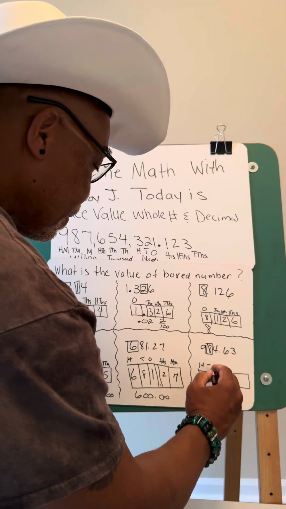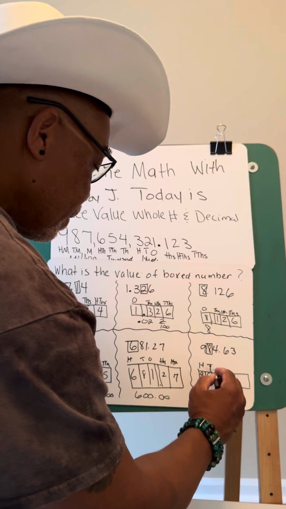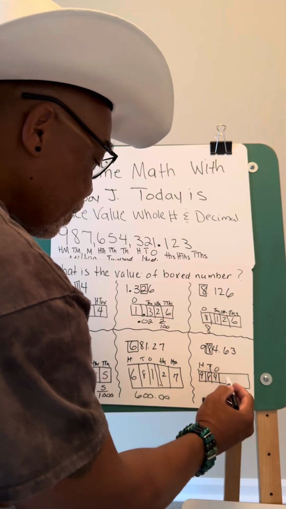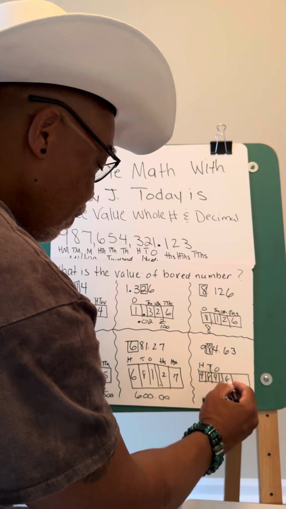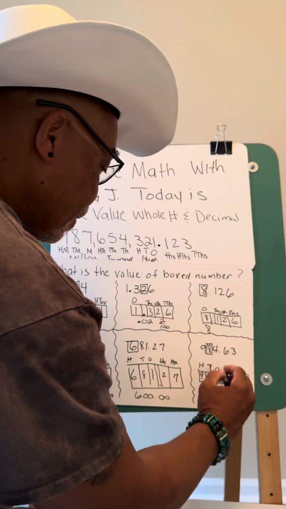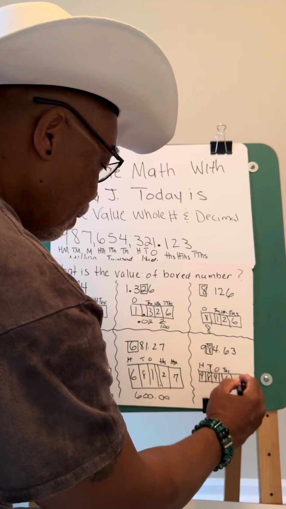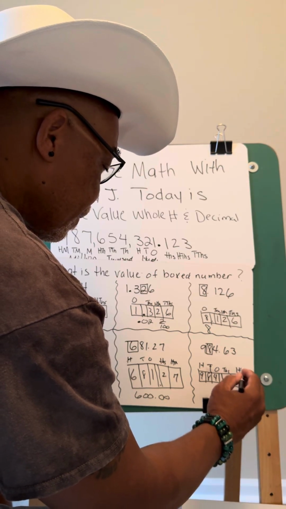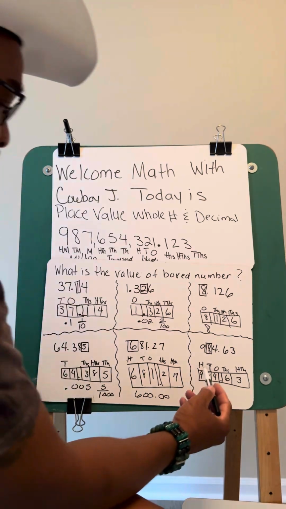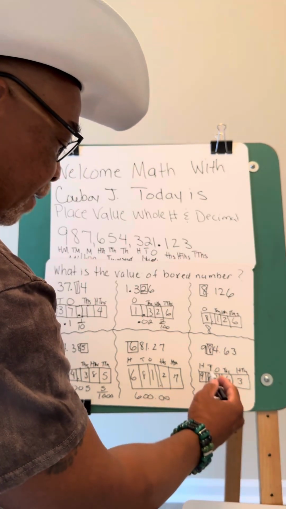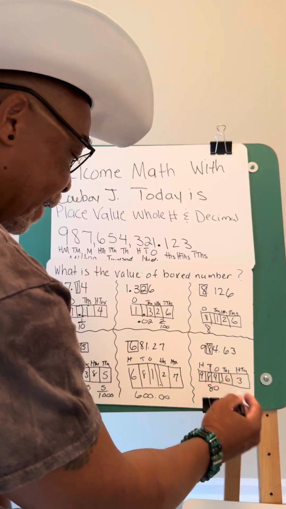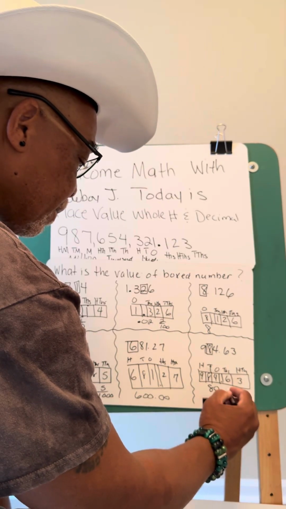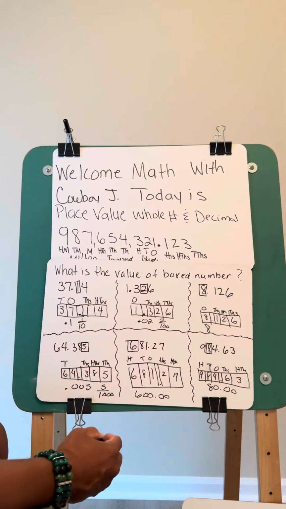We have a tens. We have a ones. We have a decimal. We have a tenths. And we have a hundredths. Just find the number in the box as place value. So 8 is in the tens place. It has a value of 80. Or you can write it like that.